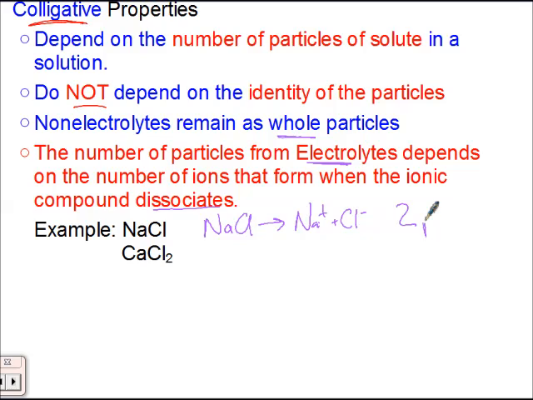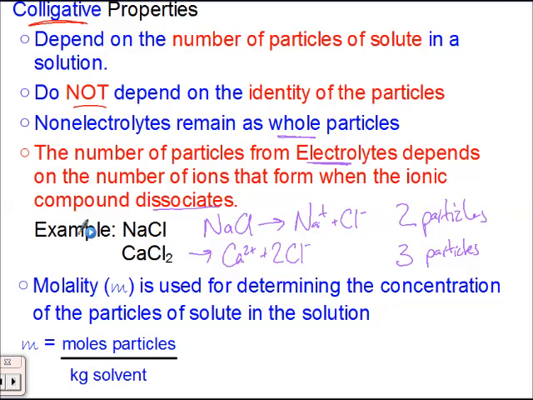It has two particles. Calcium chloride has a calcium plus 2 chlorine ions, so it has 3 particles when it dissociates. So it doesn't matter which particles they are, they'll all act a certain way to change the properties of that solution.